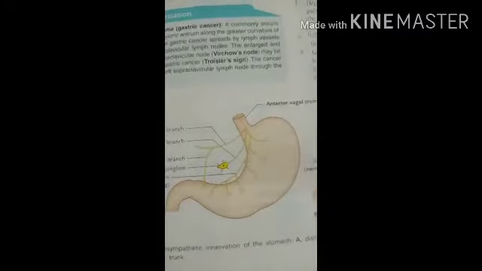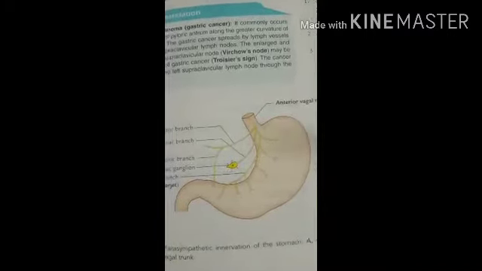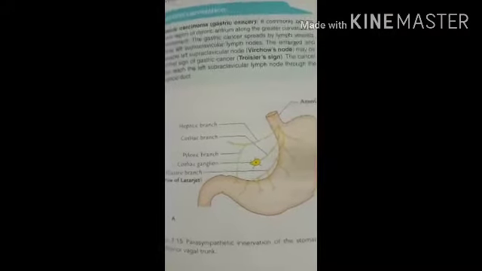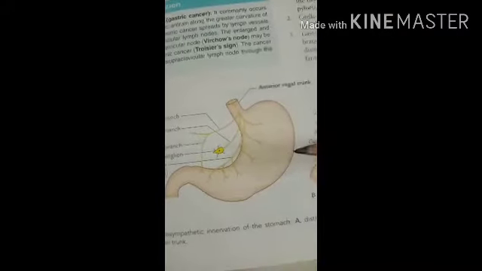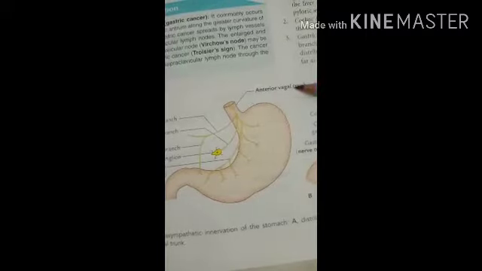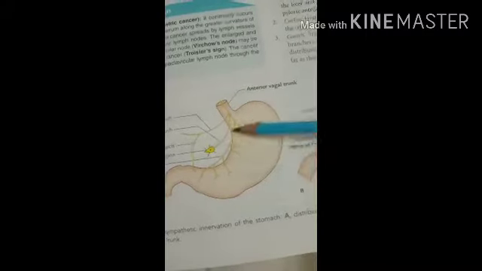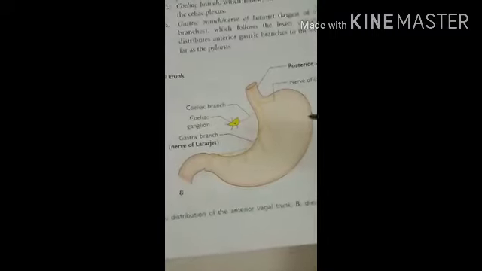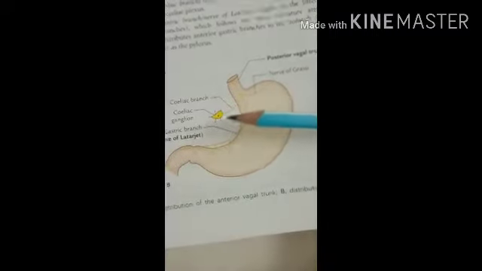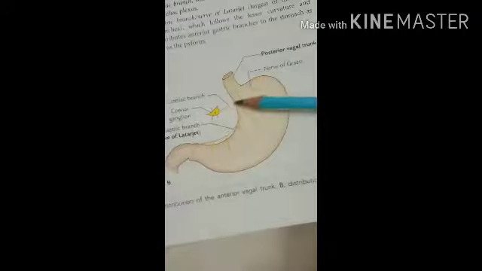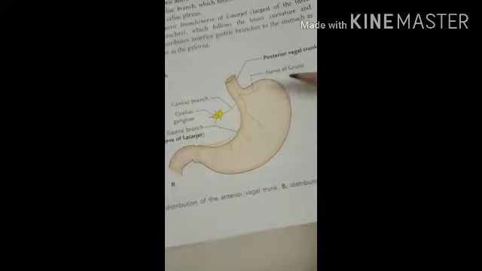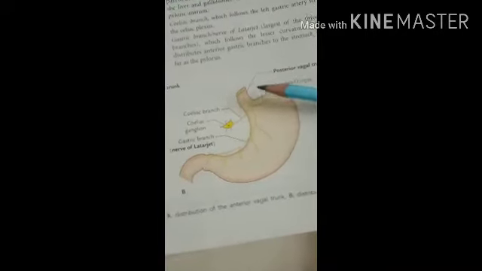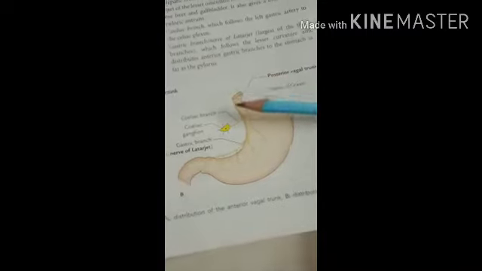Then the parasympathetic nerve supply is from the vagus through the esophageal plexus. So here you can see the vagal trunk, and it gives branches. This one. Okay.